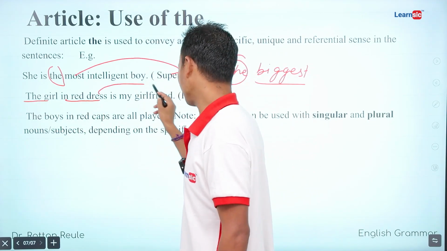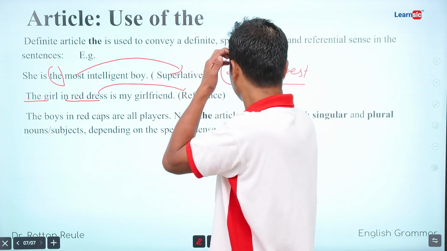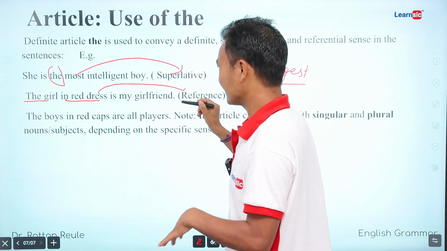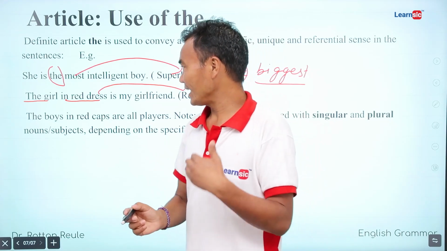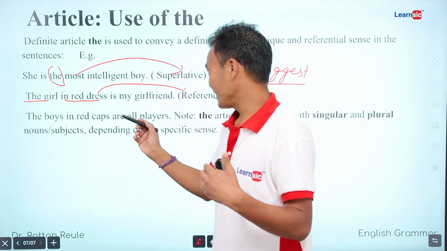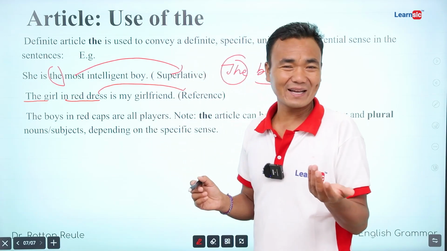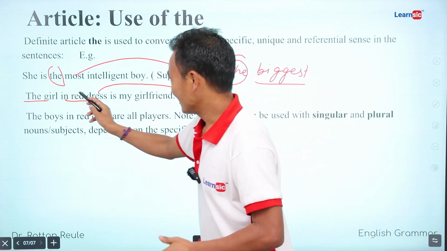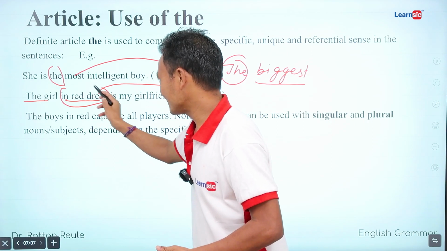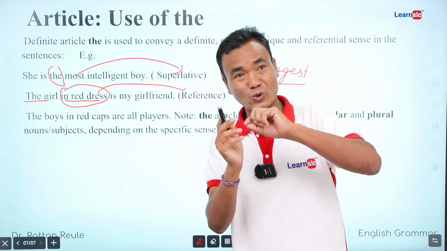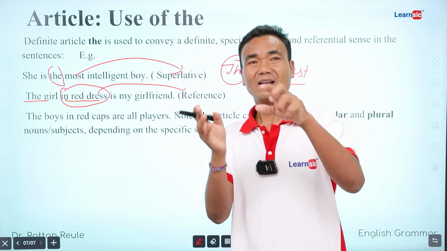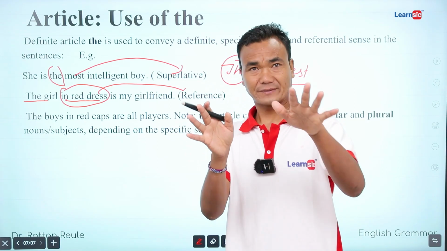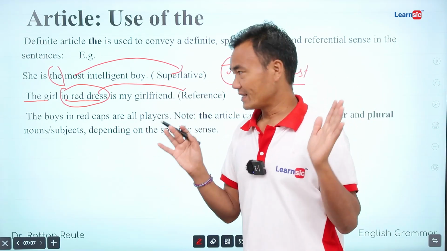This red dress is a reference, not a superlative. The girl in red dress is my girlfriend, right? So there is a reference. In red dress is a reference because it shows who the girl is and what she has worn.